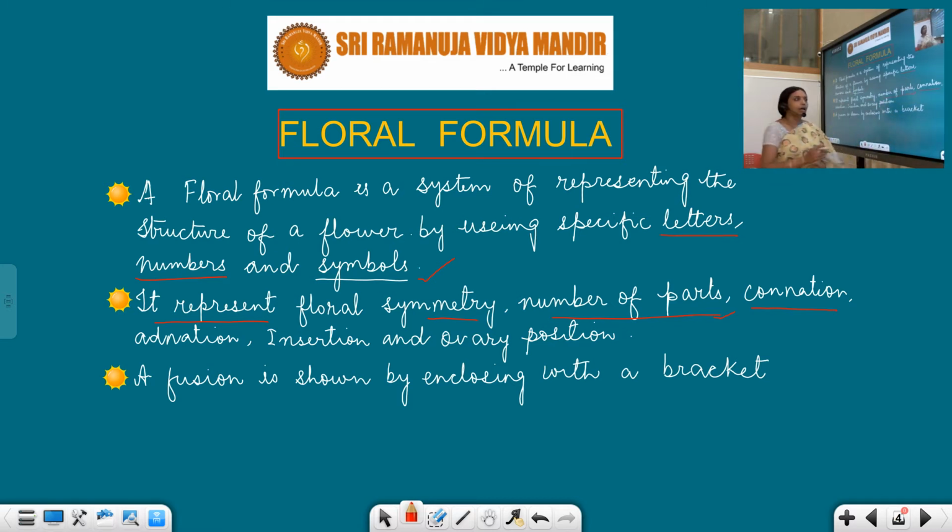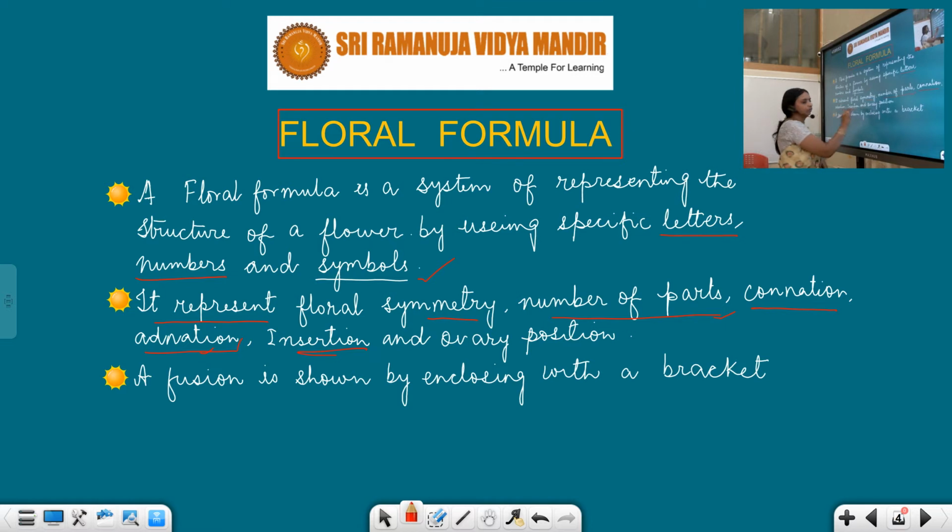Cohesion means the attachment of a floral part with its own part, called connation or cohesion. And adhesion: if the floral parts are attached with a different floral part, not with the same floral part, for example the anther attaching with the corolla, that is adhesion.